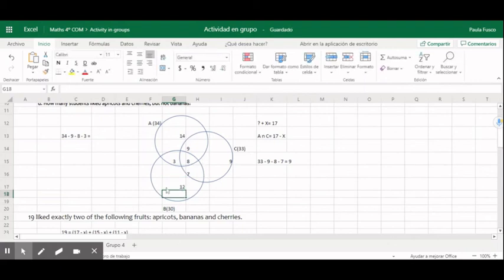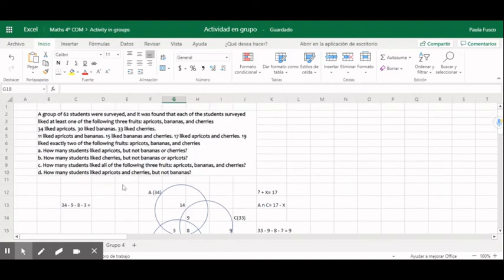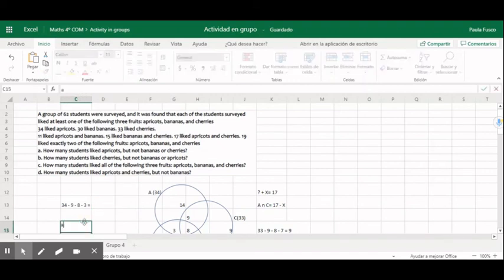Okay, so now what we have to do is to answer the questions. Here it says, question A, how many students liked apricots but not bananas or cherries? So the answer is going to be 14 liked only apricots.